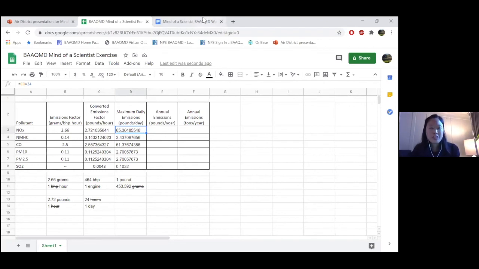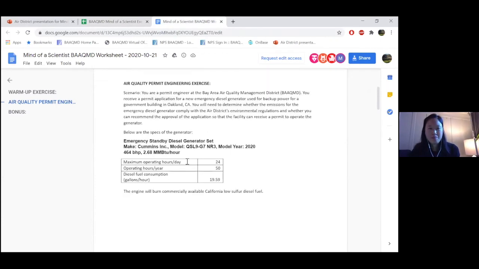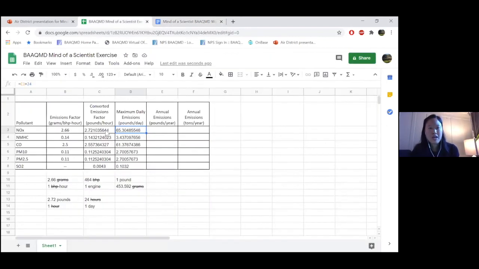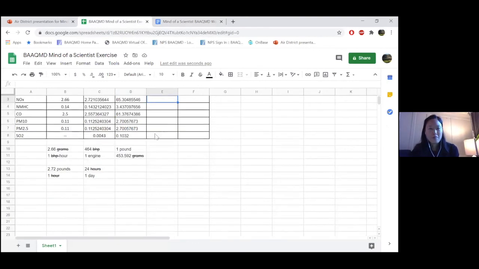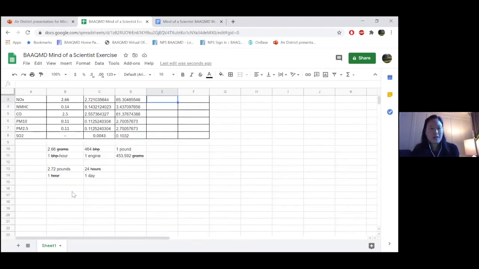For pounds per year, we'll have to refer back to our worksheet. There's actually 50 hours per year. So we're going to take pounds per hour and multiply it times 50, because there's 50 hours in a year. Because this is an emergency engine, it doesn't need to operate 365 days a year, 24/7. It's only for emergency purposes, which is why we have 50 hours.